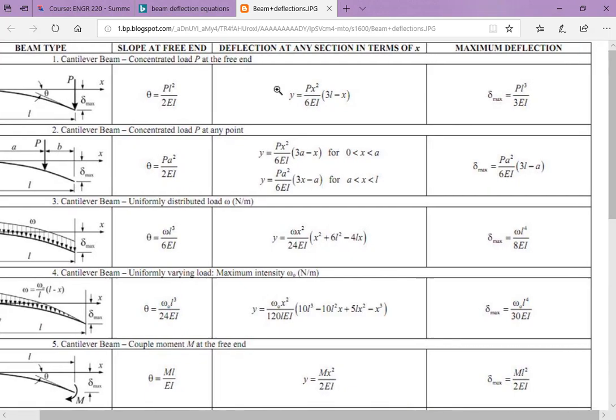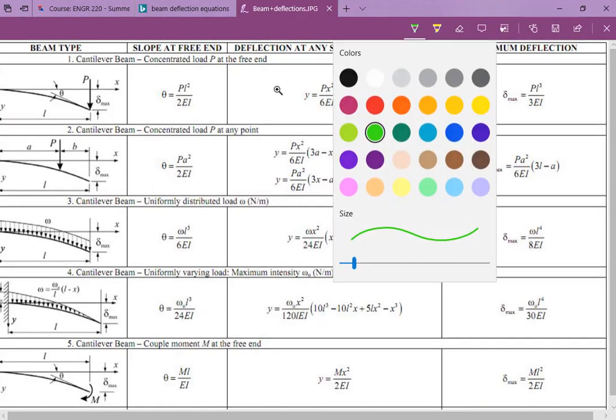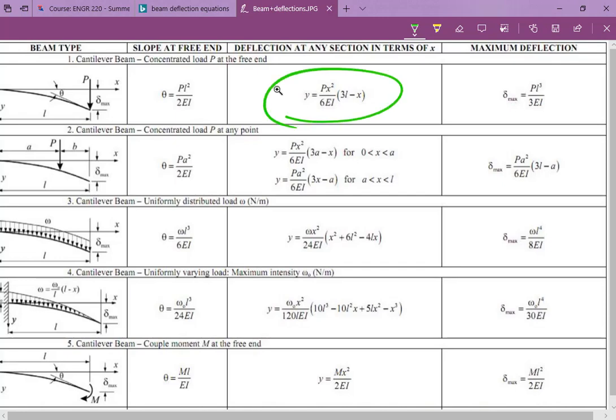And they call it deflection at any section in terms of x, what I call the equation of the elastic curve. And they've already done that. So you could just take that equation, or if you want to know just the maximum deflection, you could take that equation as long as you know what these variables to plug in are.